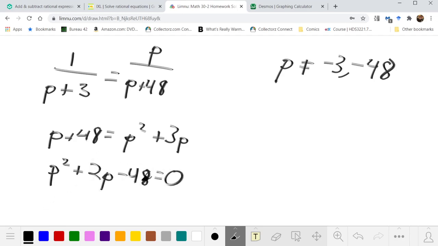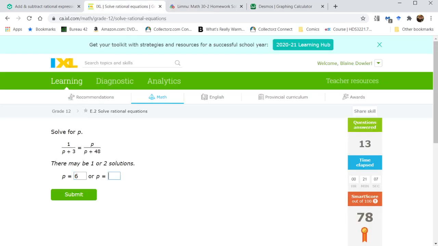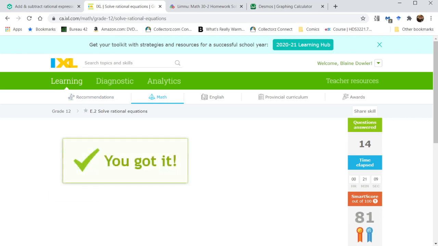Two numbers that multiply out to 48 but differ by 2 are 6 and 8. So 6 and 8 have to be our roots. We just have to figure out which is positive and which is negative. And 8 has to be the positive one because that's what leads to the positive 2. 6 must be negative. So p is allowed to be either 6 or negative 8. So 6 and negative 8.